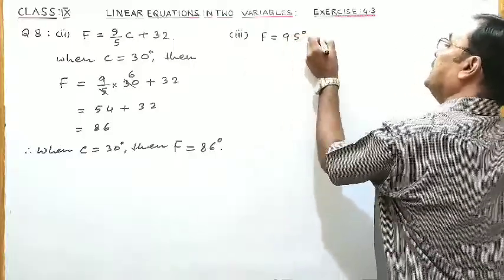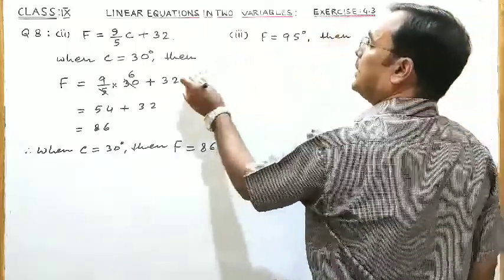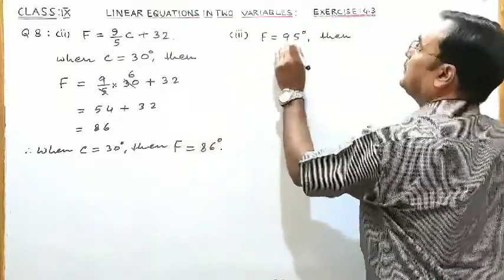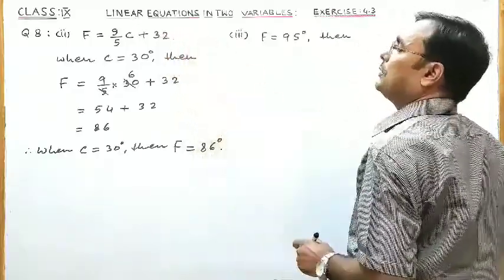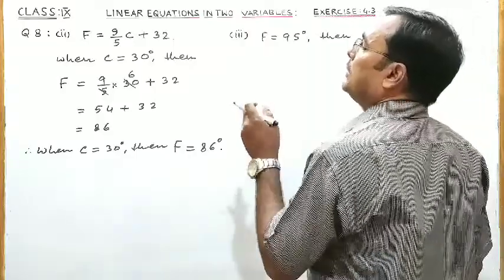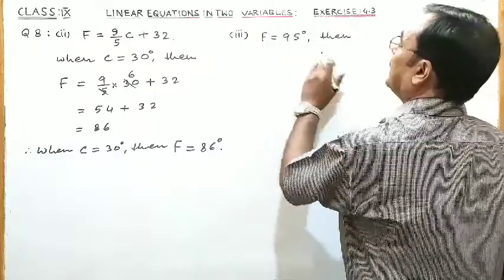Then we have to find the temperature in Celsius scale. So let us put this value of F equal to 95 in the linear equation, F equal to 9 by 5 into C plus 32, which converts Fahrenheit to Celsius and Celsius to Fahrenheit.